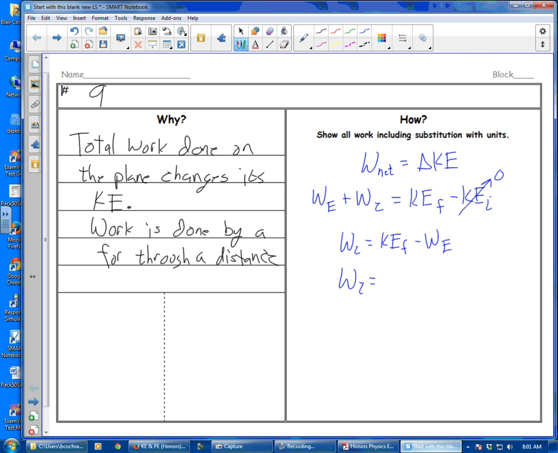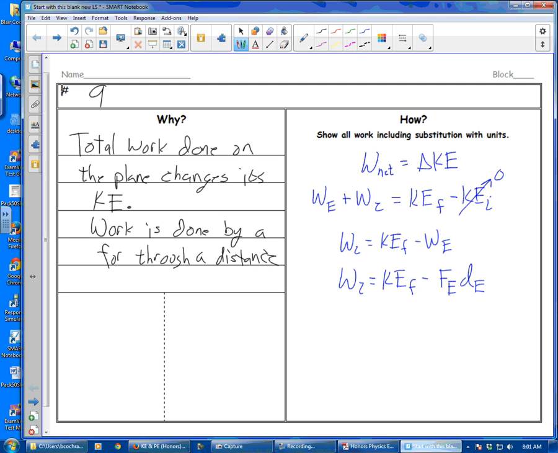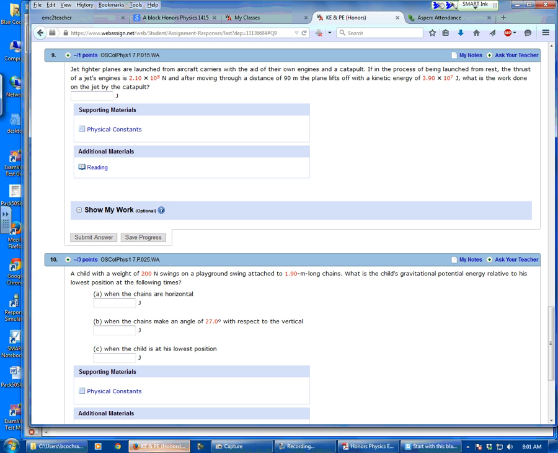The work of the engine would be the force of the engine through the distance the engine pushes. In my case, the thrust of the engine is 2.1 times 10 to the 5th newtons. My KE final, I am told, is 3.9 times 10 to the 7th joules.